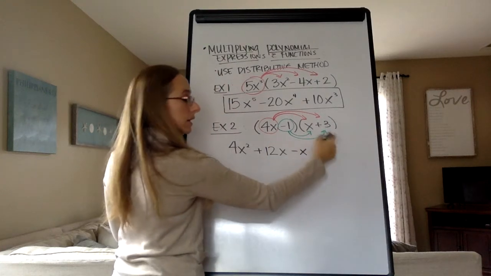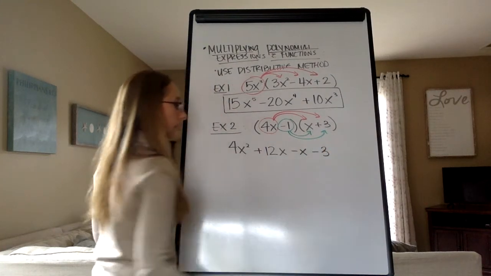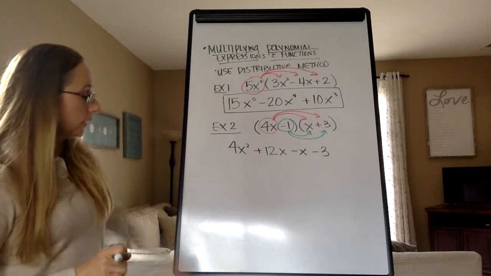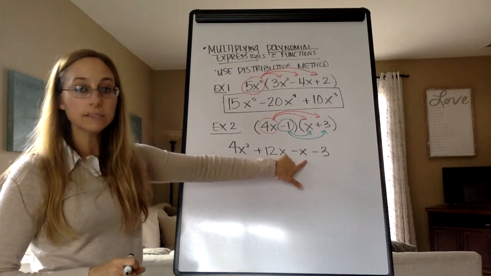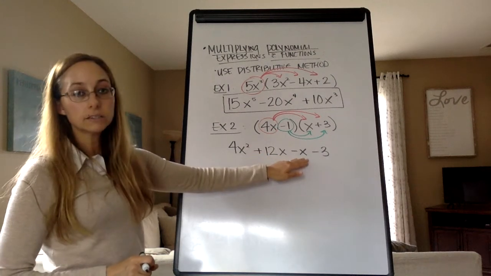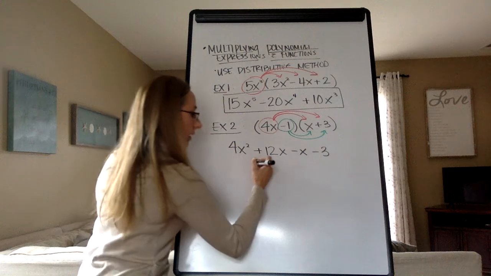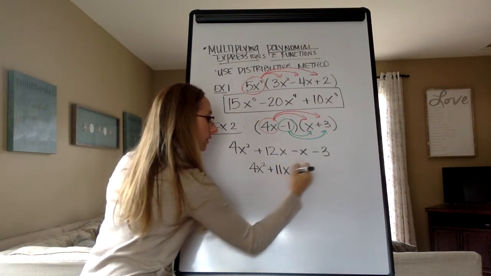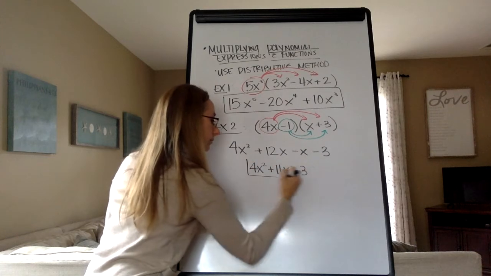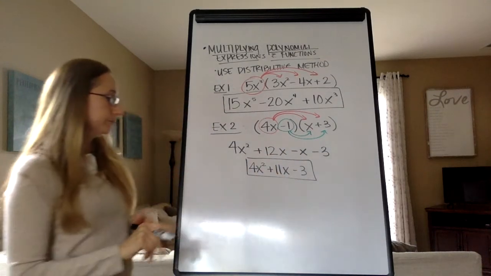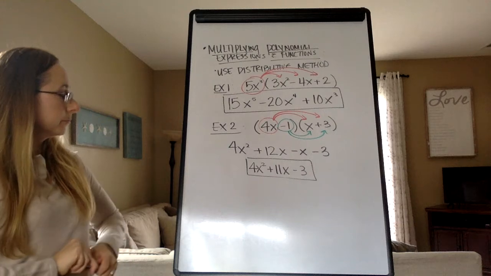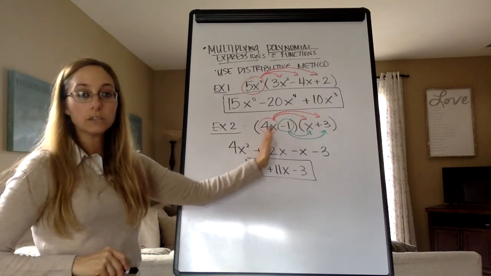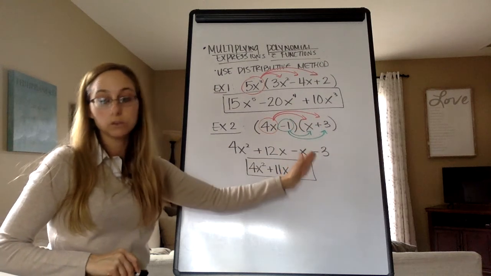Negative 1 times 3 is minus 3. And then from here, we're going to go ahead and combine like terms. The only like terms we have are 12x minus x. 12x minus 1x gives you 11x. So we have 4x squared plus 11x minus 3. So again, just because it has two terms, that doesn't matter. You just take each term individually and distribute it to every term in your second polynomial.